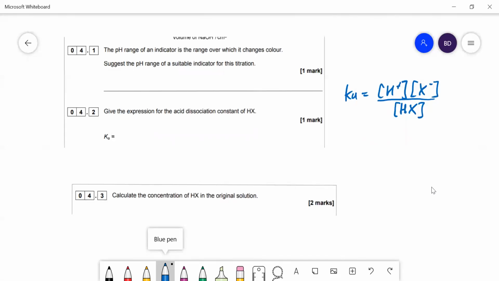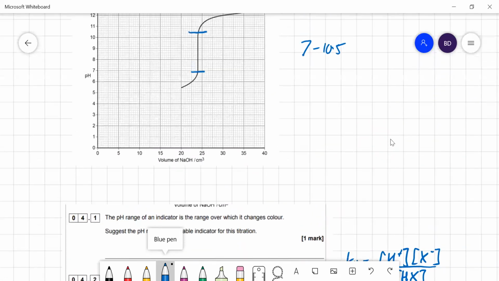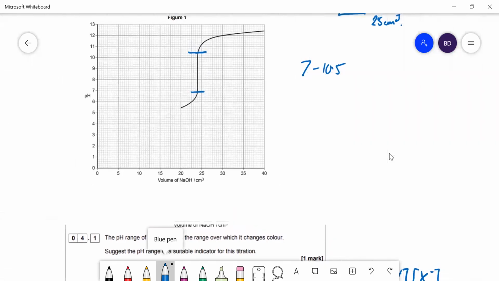Okay, so I have to go back up here for this. All right, so we can see that the endpoint is occurring here. That's at exactly 24.0 cm^3 of NaOH. So we want to calculate the concentration of HX. So the moles of NaOH is equal to concentration times volume. They tell us the concentration of the NaOH was 0.1, I think.